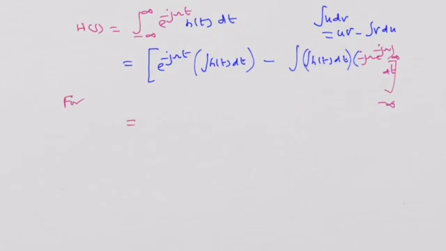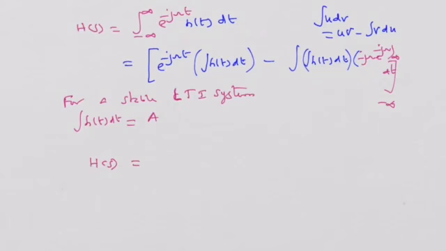For a stable linear time invariant system, we know that the integral of h of t dt is a constant. If so, what will happen to this h of s?